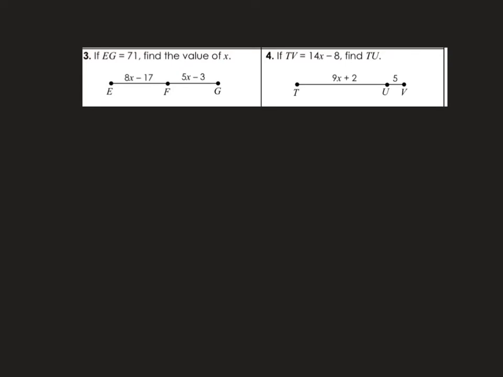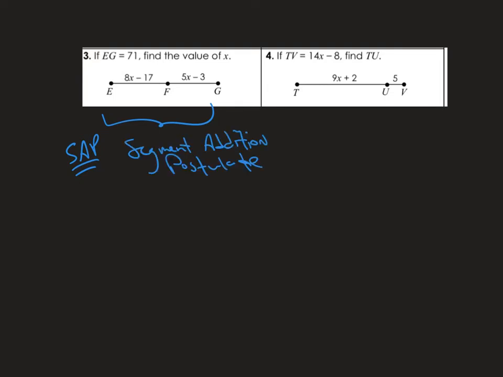Now, immediately, the algebra looks a little bit crazier. It's okay. I see this whole piece right here and I say, oh, well, let's write the segment addition postulate, right? How does the segment addition postulate apply to number 3? The length of EF plus the length of FG is equal to the length of the whole thing, EG.